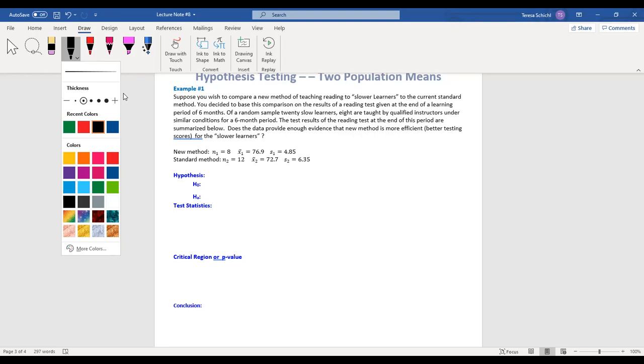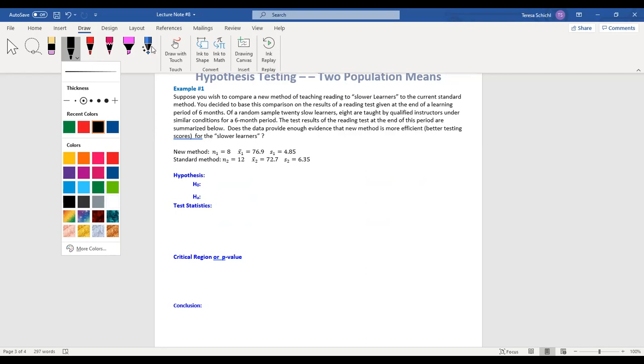Of a random sample of 20 slow learners, 8 of them were taught by a qualified instructor under similar conditions for 6 months. The test results of the reading test at the end of this period are summarized. Does this data provide enough evidence that the new method is more efficient? That means better testing scores.